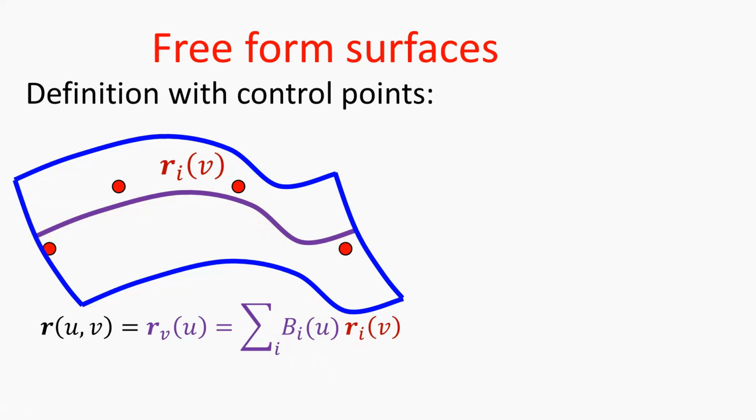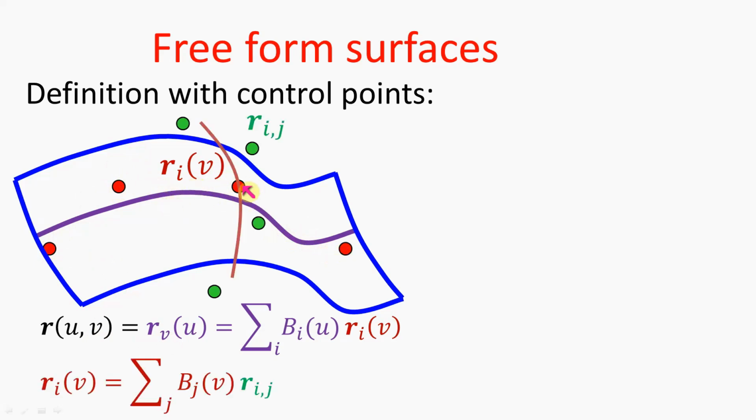This curve is also called an isoparametric curve because from the two parameters, one parameter, namely v in this case, was fixed. If we want to consider another isoparametric curve where v is fixed differently, then we could use the same strategy, but in that case the curve should be identified by a different set of control points.